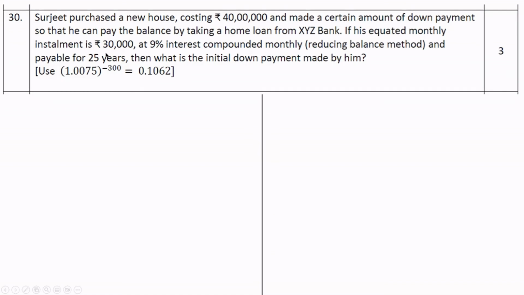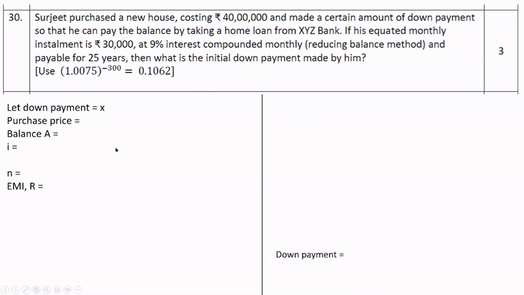His EMI is rupees 30,000 and interest is 9% compounded monthly, payable for 25 years. We need to find the initial down payment made by him. So here, using the EMI formula, we have to find the initial down payment. Let the down payment be X. And the purchase price is given, it is rupees 40 lakhs.